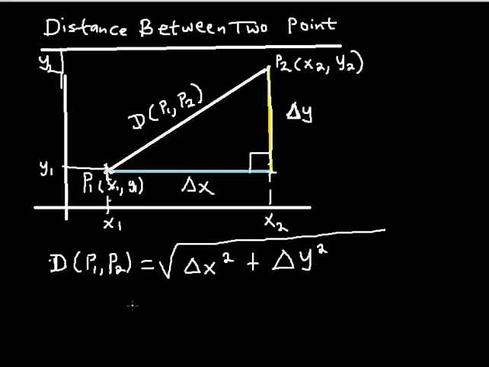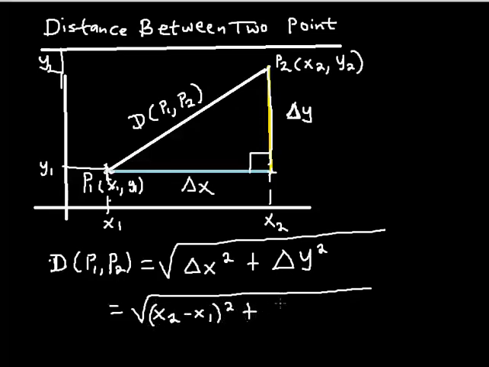So that is it. I can write that in full. My x increment is x2 minus x1, I square that, then plus my y increment, which is y2 minus y1, and I also square that.